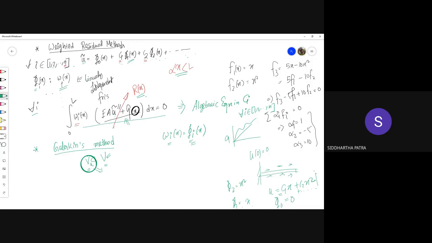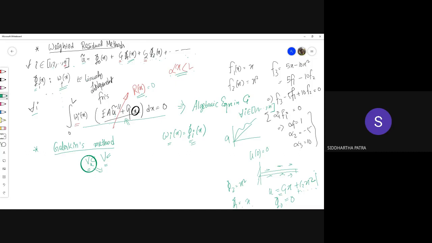There should be some means by which you want to bring down the error. So in this case, what you are doing is multiplying the residual with the weights. You cannot actually claim that this residual is zero everywhere between 0 to L. In order to get that, you'll actually have to do the closed form integration, and you are exactly trying not to do that. You are trying to do an approximate solution. So what you instead do is set up a set of algebraic equations that somehow minimizes this residual.